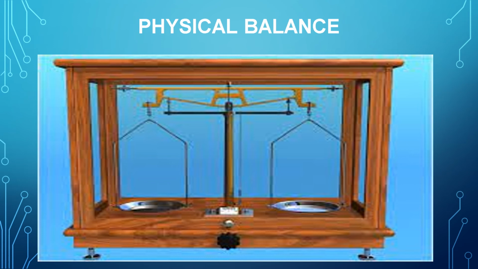That's why this very accurate and sensitive version of the beam balance, the physical balance, is there. As you are seeing here, this balance is fixed into a wooden box which is closed on all sides with glass. We can open the glass doors and keep the things we want to measure, and the standard weighing stones also. This is a very accurate and very sensitive version.